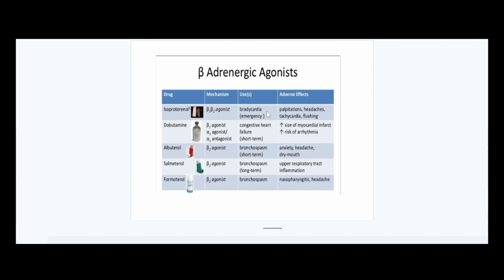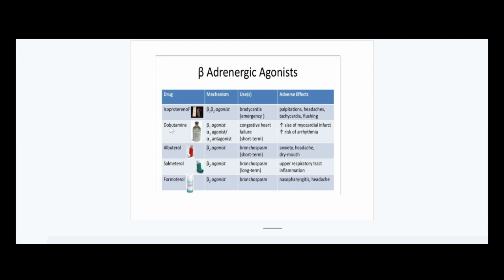It is used for bradycardia because when these two are stimulated, they can increase blood pressure. So when a patient is having severe hypertension, we use isoproterenol. But they have side effects such as palpitation, heart palpitation, headaches. It can also lead to tachycardia because you are increasing the heart rate, and flushing also.